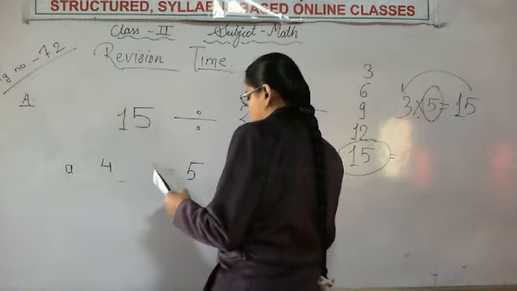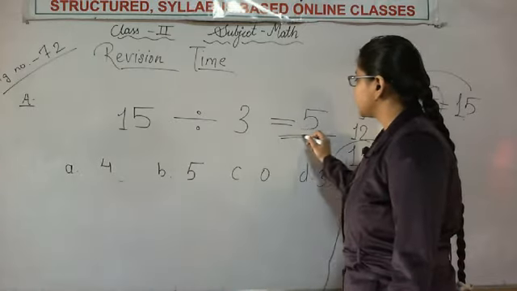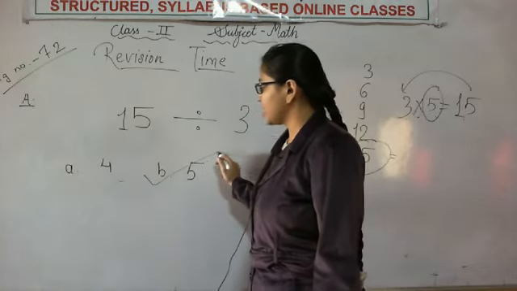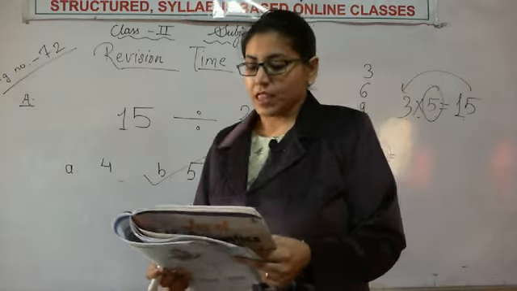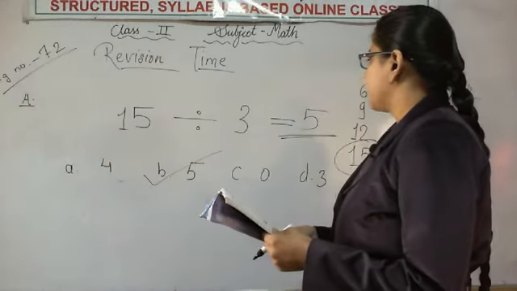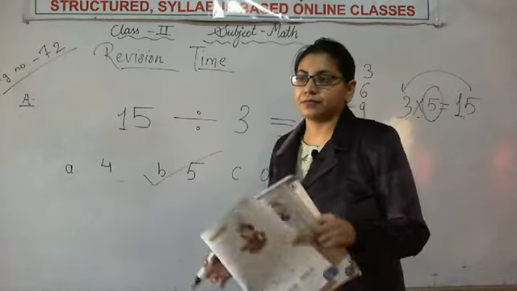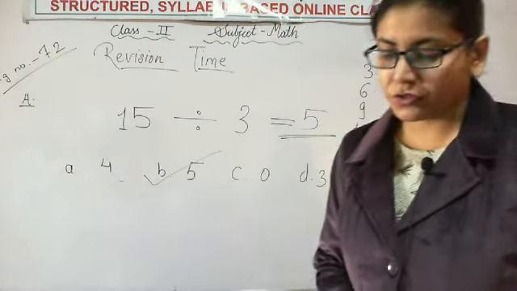Option C is 0. And option D is 3. We got 5 as the answer. So where is 5? Option B. So this is the correct option. So tick option B, because 15 divided by 3 is equal to 5. So B will be the answer. All of you tick B.